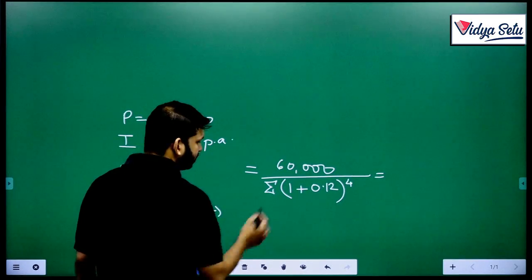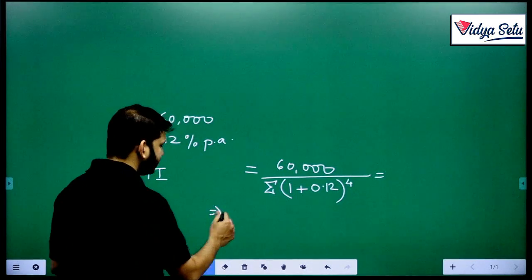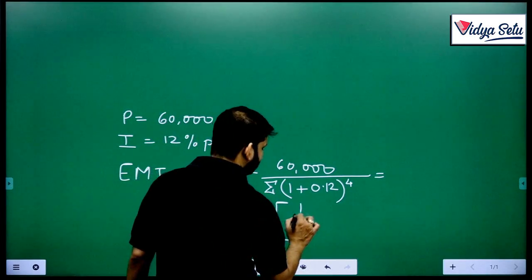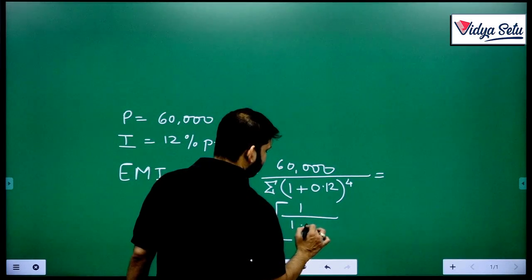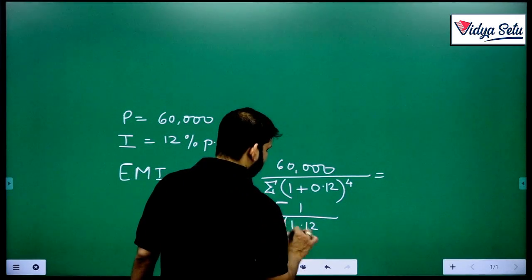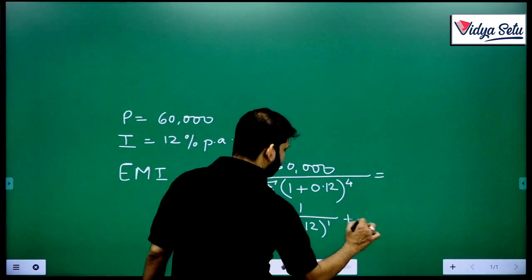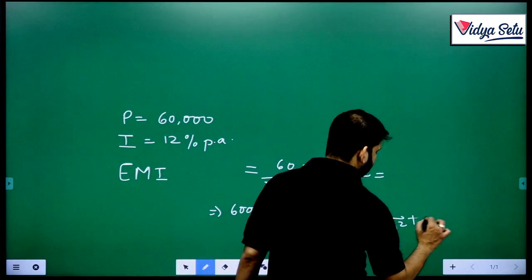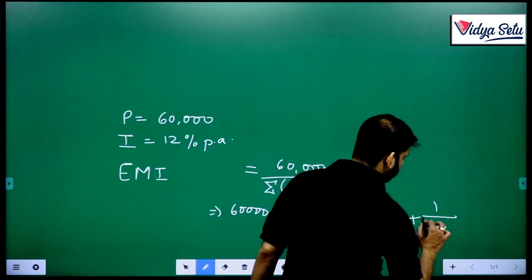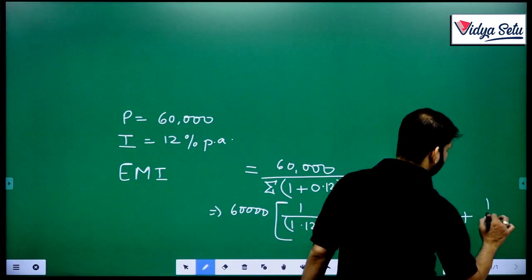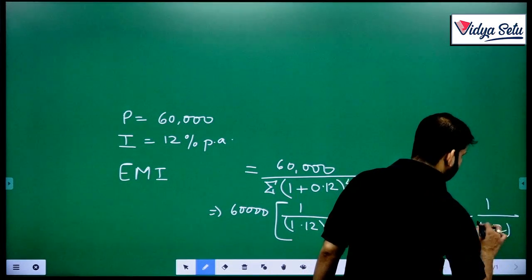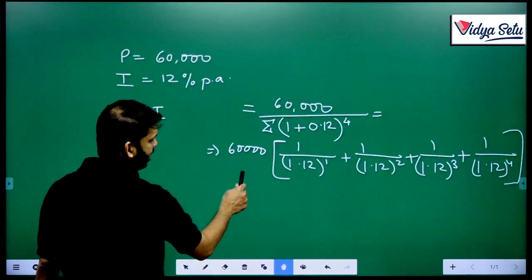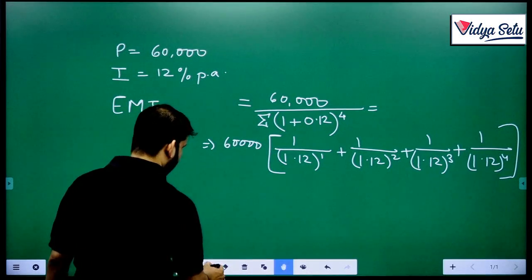So the first year, I'll take 60,000 out, and the first year is 1 upon 1.12 raised to the power 1, plus 1 upon 1.12 raised to the power 2, plus 1 upon 1.12 raised to the power 3, and the fourth year 1 upon 1.12 raised to the power 4. What we need to do is calculate and add, and then multiply with this.